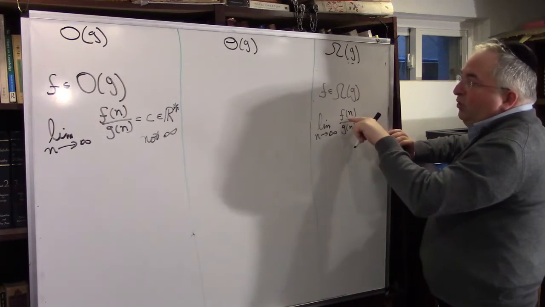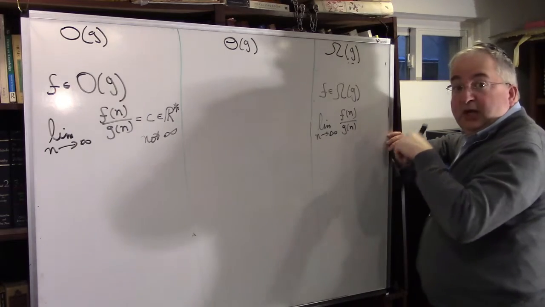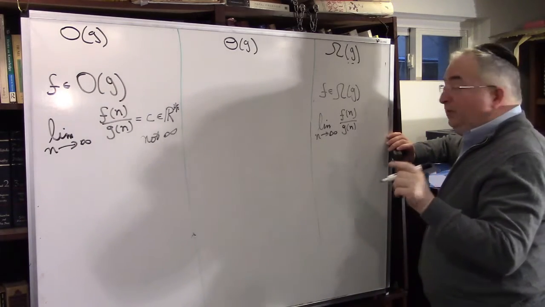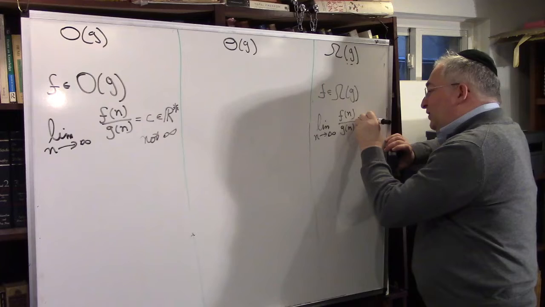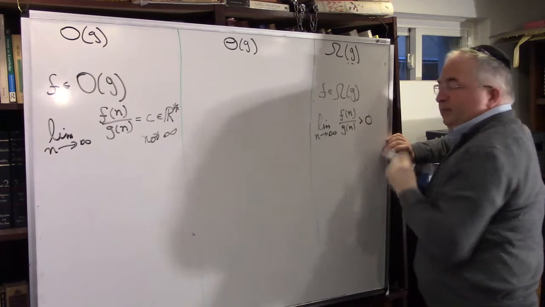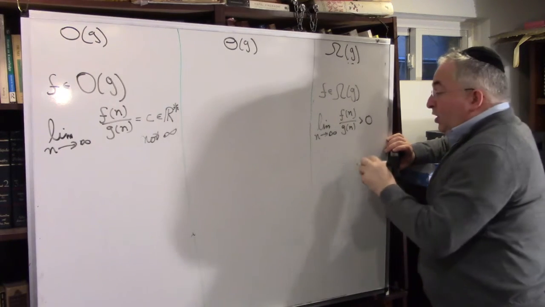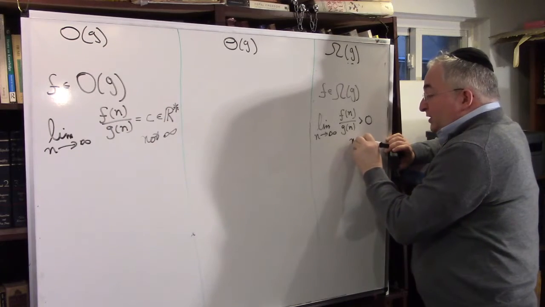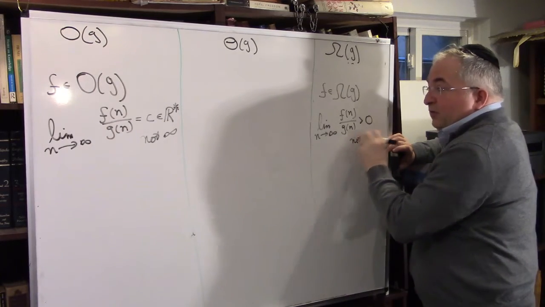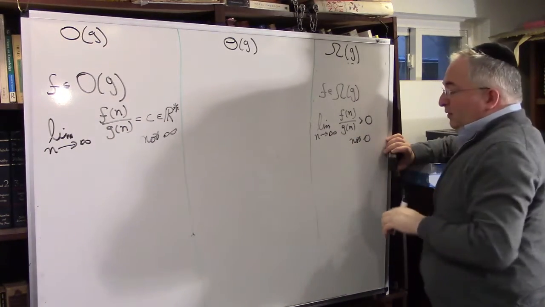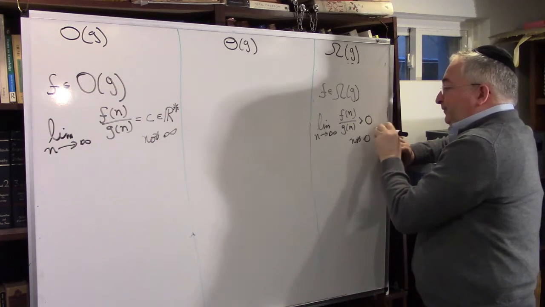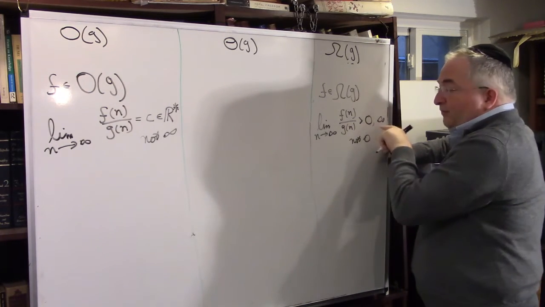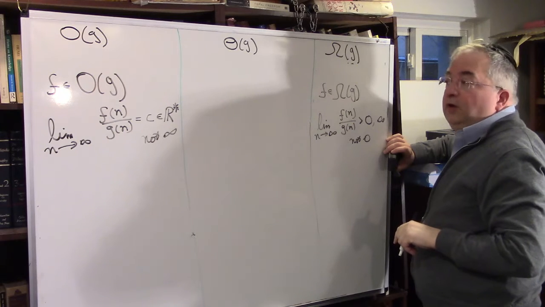Well, this is growing faster, so it's going to be some number, or it could be infinity. So we're going to write it as follows: the limit is greater than 0. Not 0. Okay, here we said not infinity, not 0. This one could be infinity. Great.